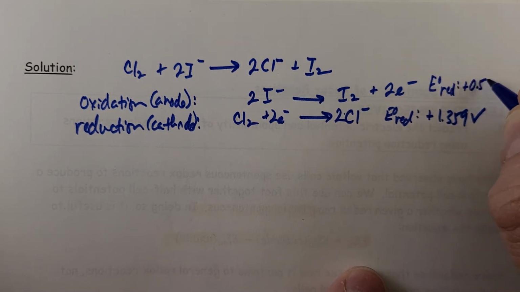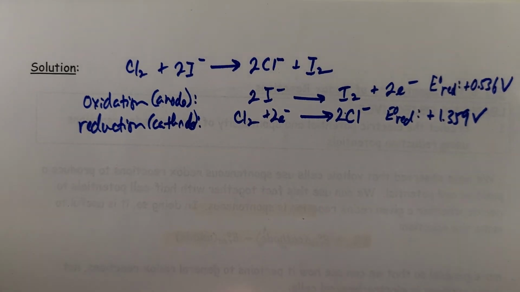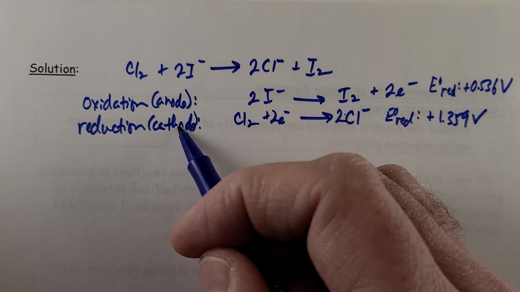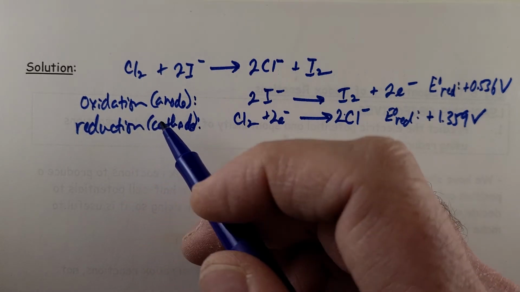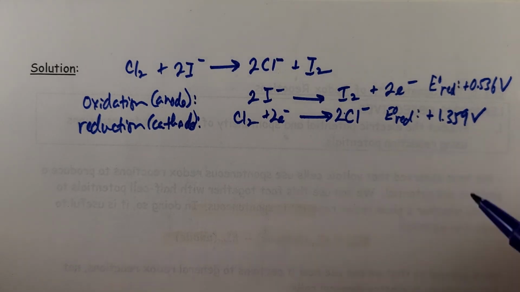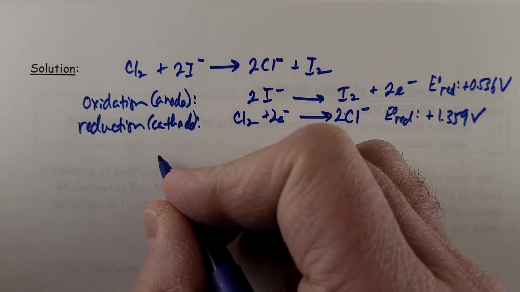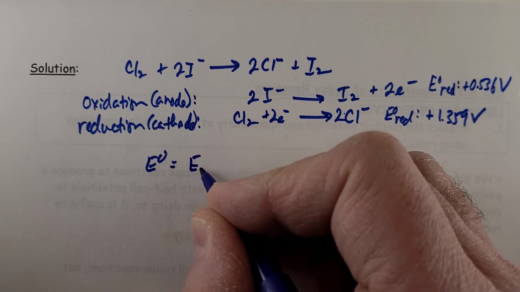Plus 0.536, and we could actually do a check right here to see if this is going to work, because the cathode, or where the reduction happens, must be more positive than the oxidation area or the anode, and yes it is. So this one will work. So we still need to show it though, because the question wanted us to.